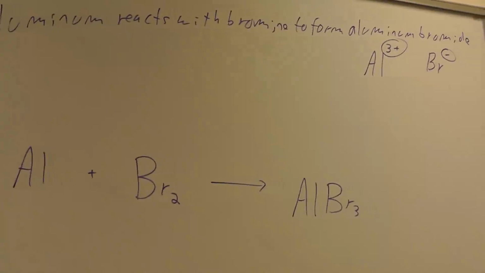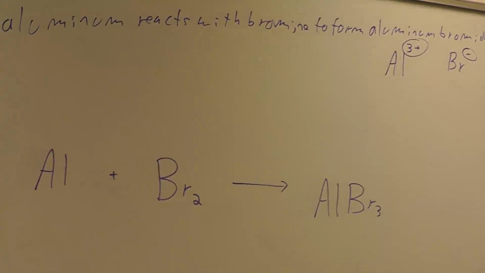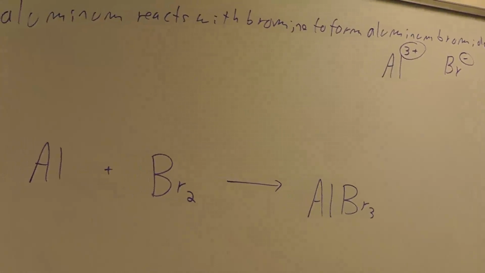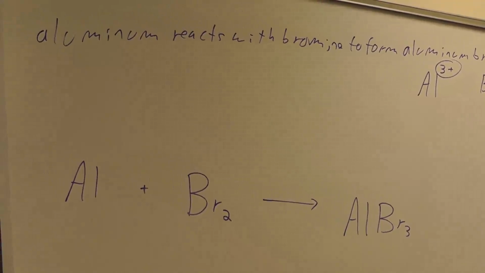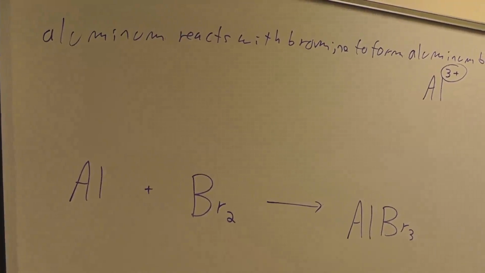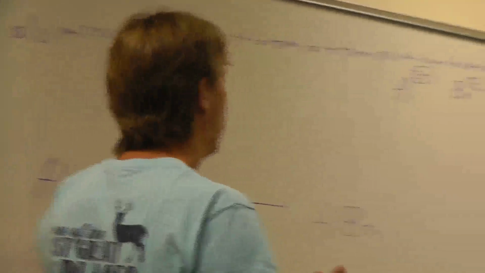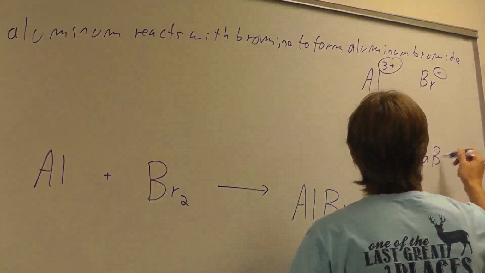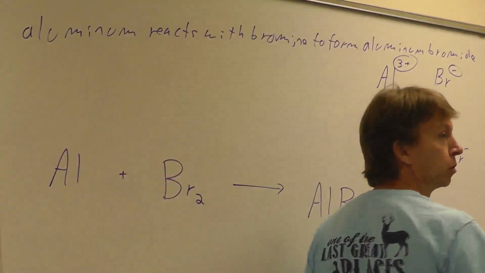Yes? Since bromine's diatomic, would it have a charge of -2? It's only diatomic as the neutral element, emphasis on neutral, okay? So when you're starting over on this side, it doesn't have any charge at all. And once you get into a compound, you can have any number because then it's charged, okay?